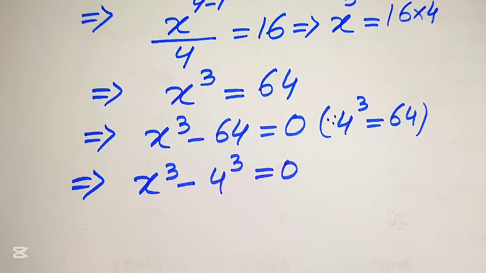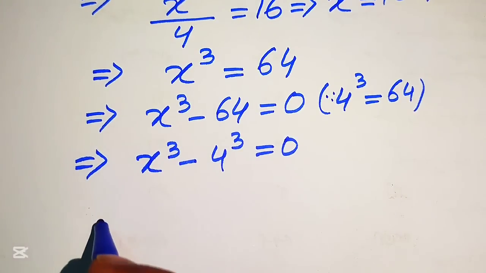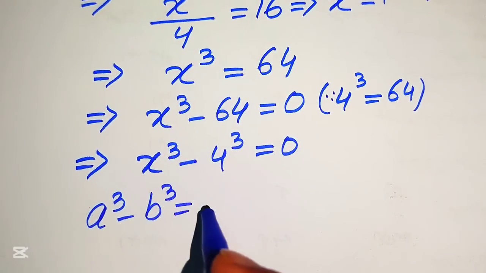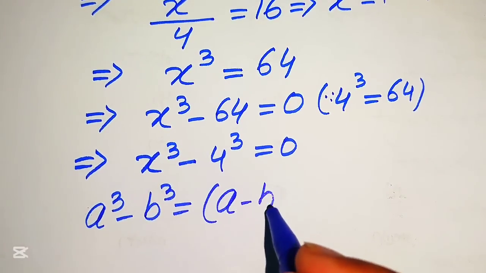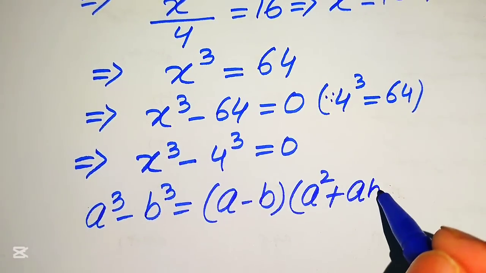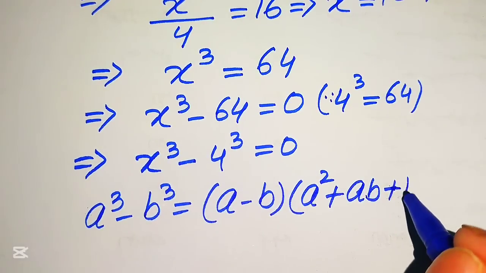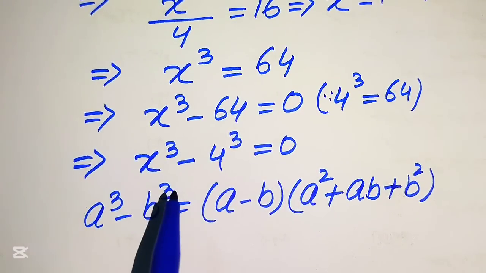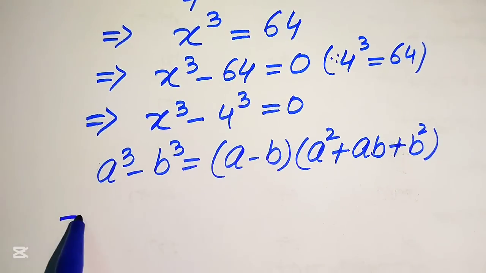And now in the next step we can apply the nice cubic formula. You know about this formula: if we have a cubed minus b cubed, it equals a minus b times a squared plus ab plus b squared. According to this formula we write our above equation in this form.